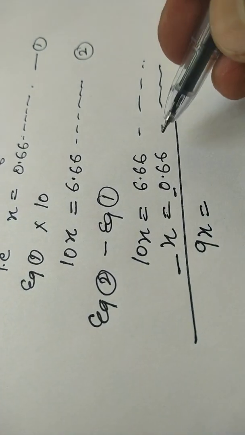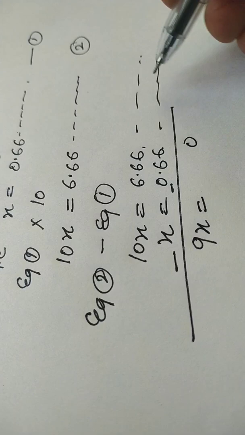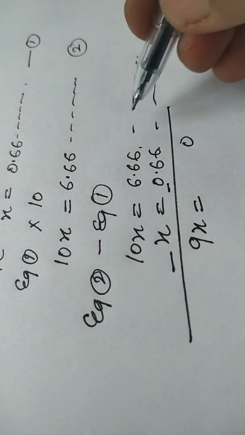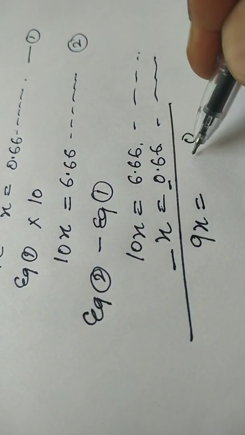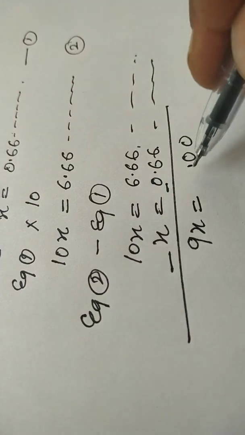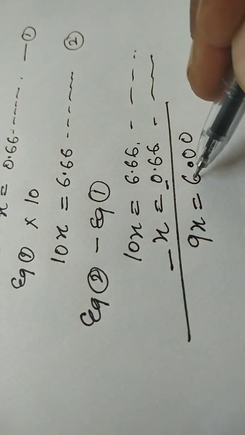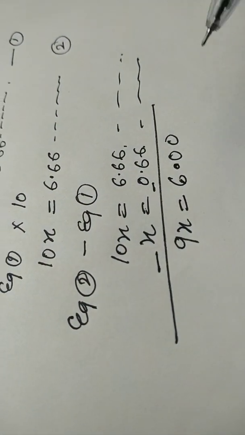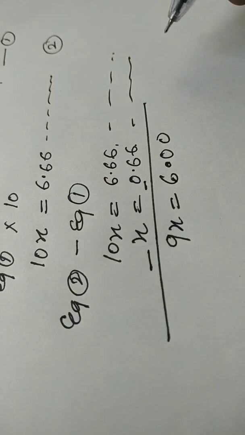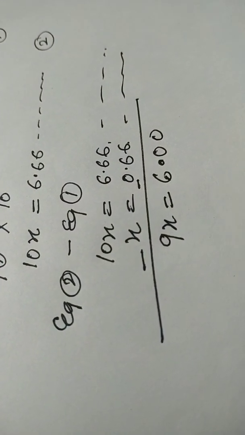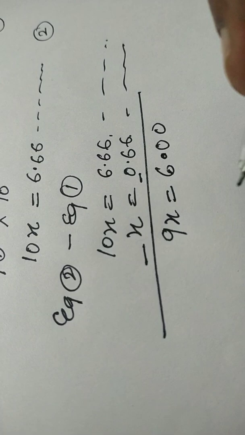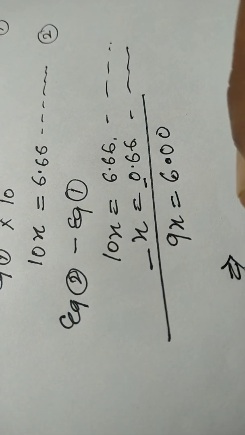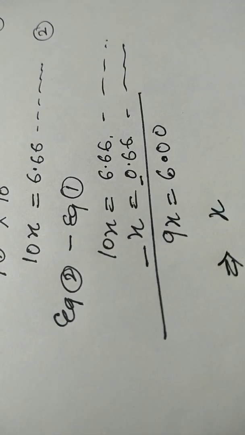This is equal to 6 minus 6 is 0, 6 minus 6 again 0, and 6 minus 0 is 6.00. If there are zeros after the decimals, there is no value in mathematics basically. Now this implies that 9 is multiplied on the left hand side.